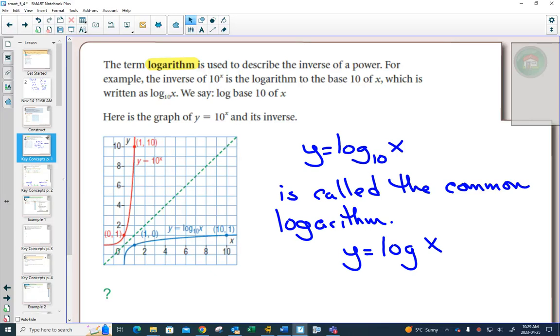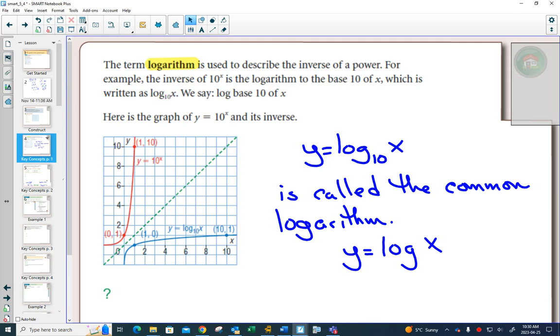So just like powers have a base of 10, their corresponding logarithm will also have a base. Now the base of 10 is a special one. It's the one that's on your calculator when you hit the log button, and it's called the common log.